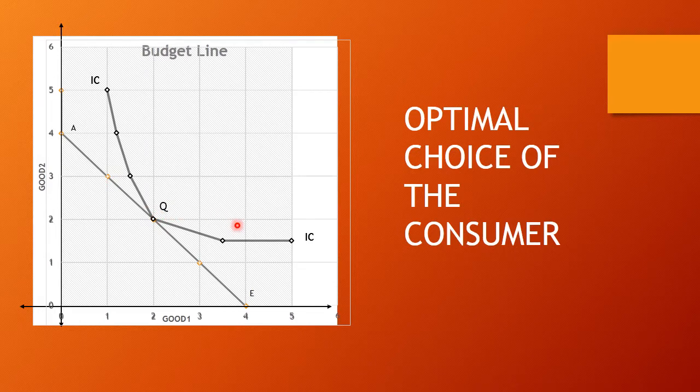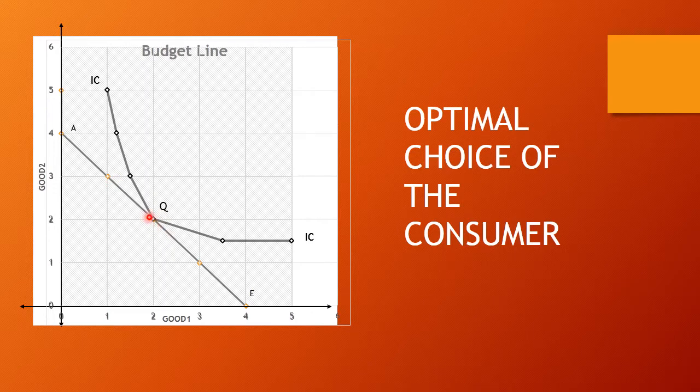I would like to say one more thing. Suppose the consumer was at this point, which I am showing you with a laser pointer, and there was another budget line passing through this point. Wouldn't you say that this particular bundle would be affordable only at a higher level of income? Yet, try to understand that the satisfaction he derives here and the satisfaction he derives at point Q is the same.